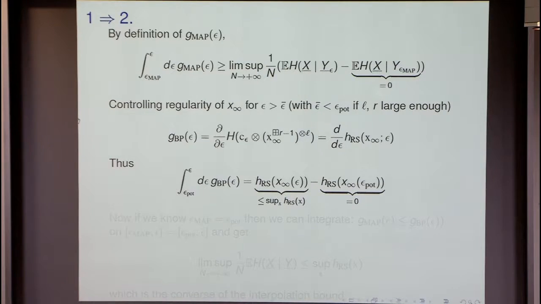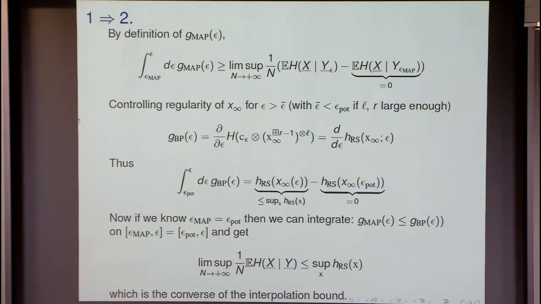Okay? Now remember that we had this inequality here that states that the map decoder is better than the belief propagation decoder. That's a completely general inequality. So you take this inequality, you integrate over the interval epsilon map to epsilon and epsilon potential to epsilon on both sides, and you use these inequalities here, and then you get the converse of the interpolation bound.